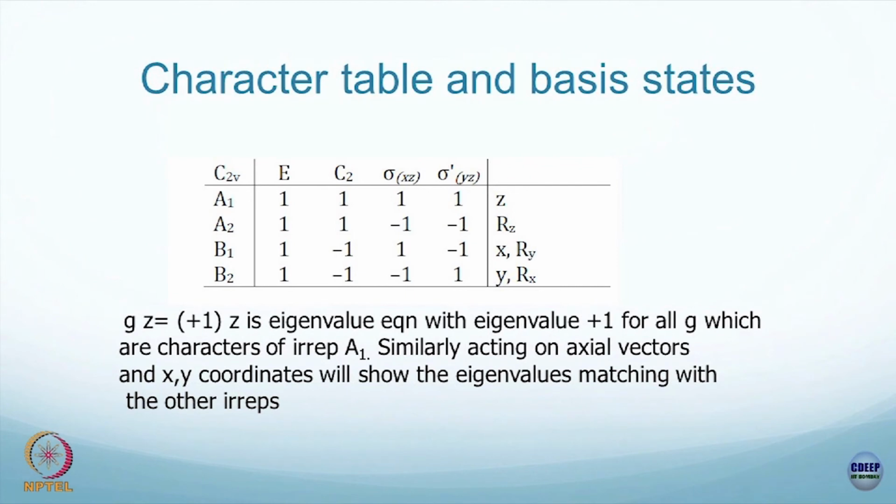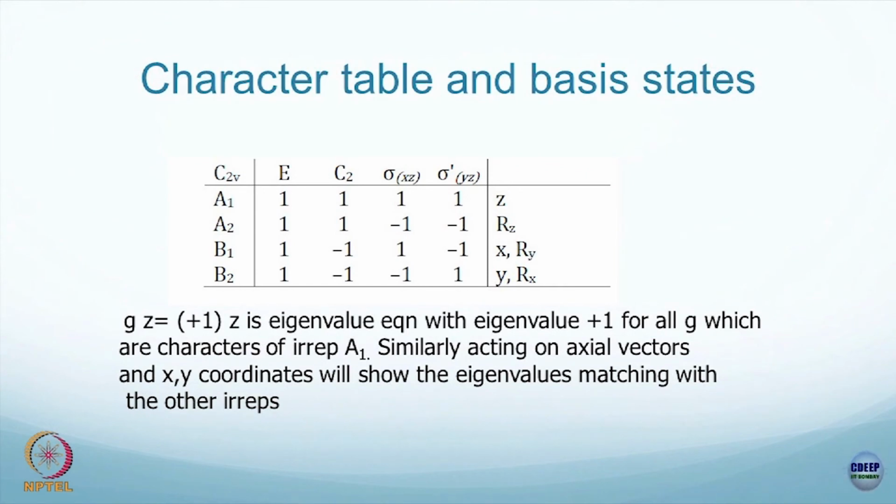The reason why we are doing all these things is that all the operators or observables in nature can be treated as either vectors or tensors, right. You know that you have the electric dipole moment. The electric dipole moment is what? A vector, right.